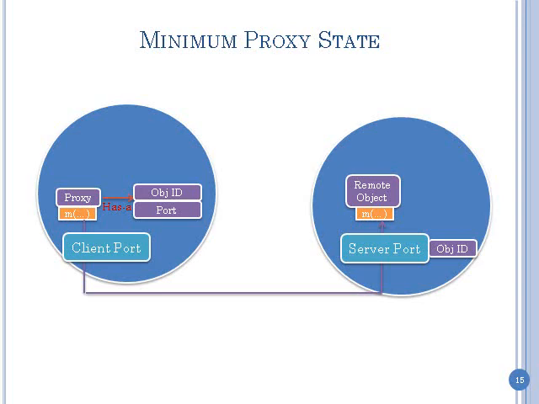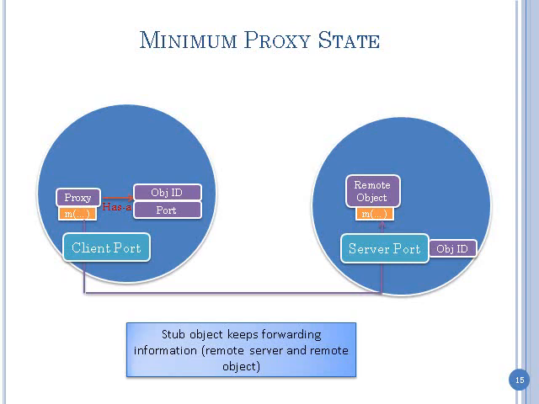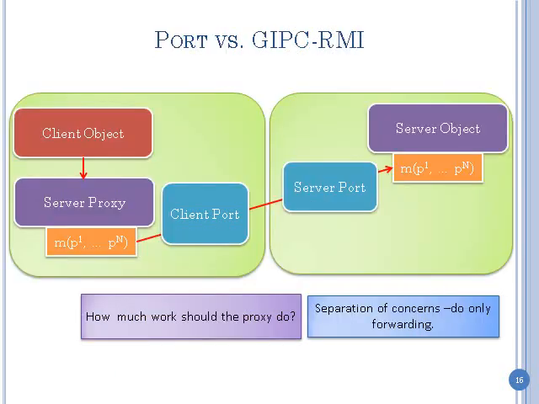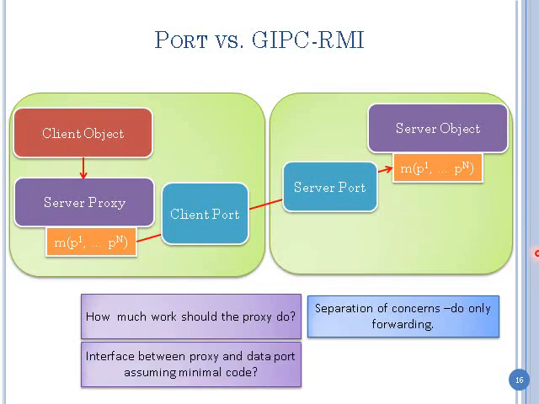It could be a name or whatever. So from that, based on that, it can call a method. So the stub object keeps forwarding information, remote server and remote object. So the port is the remote server and the object ID is the remote object. So do only forwarding.